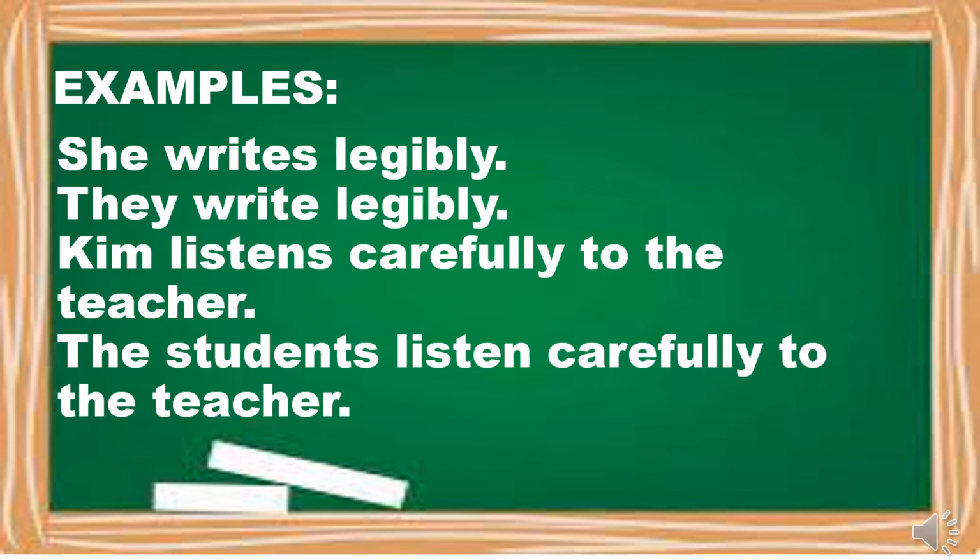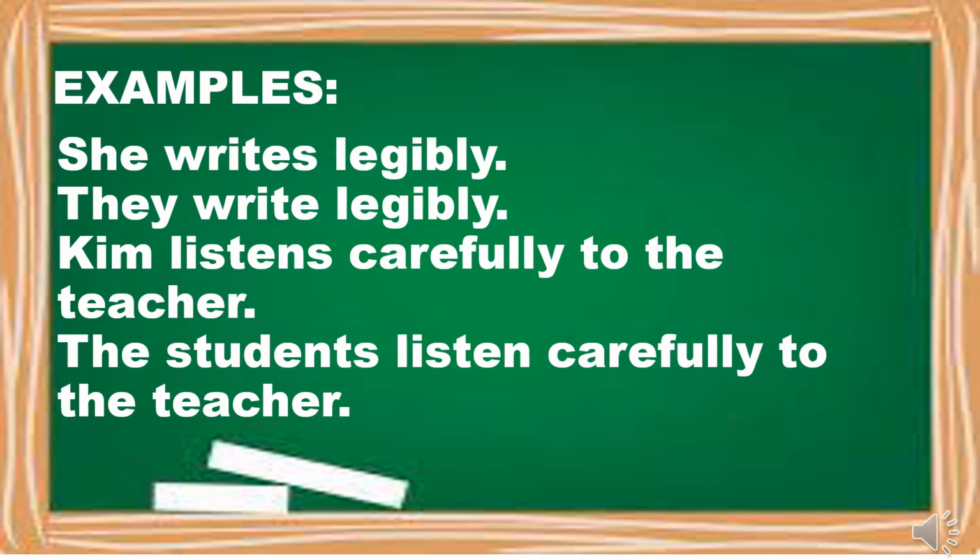Third example, Kim listens carefully to the teacher. The noun here is Kim, and it is obvious that Kim is only one. That is why we use the verb listens because it is a singular verb. In the next example, we have the students listen carefully to the teacher.